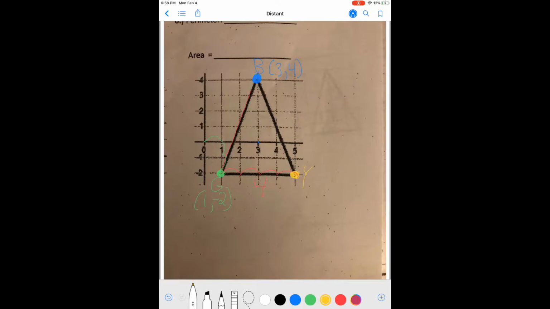Our Y is going to have an X value of 5, and then a Y value of -2. So then we're going to use these to find our distance of G to B and B to Y.